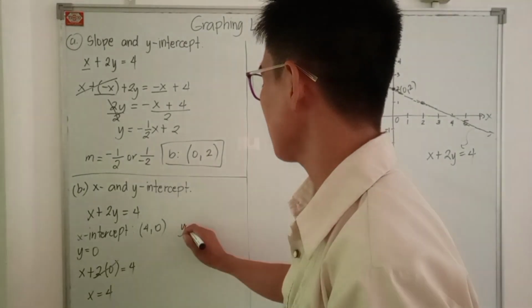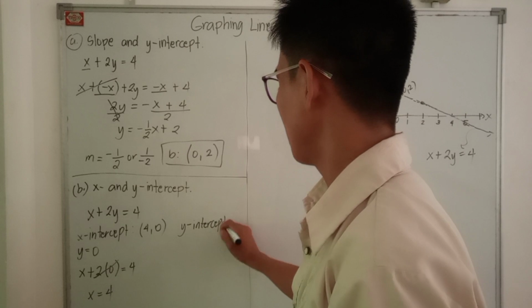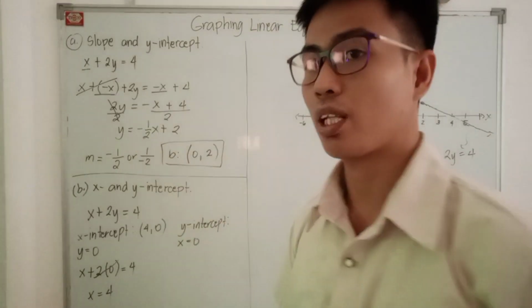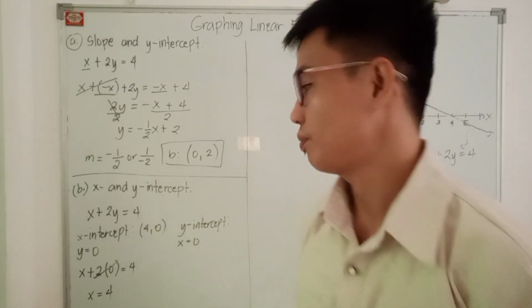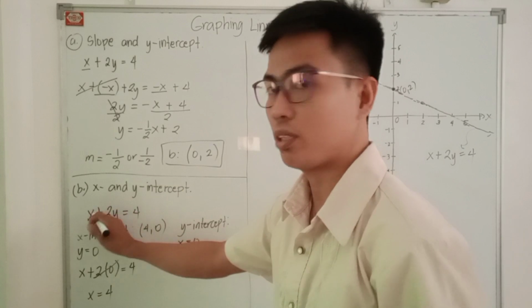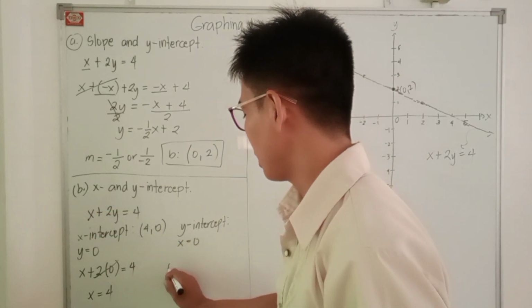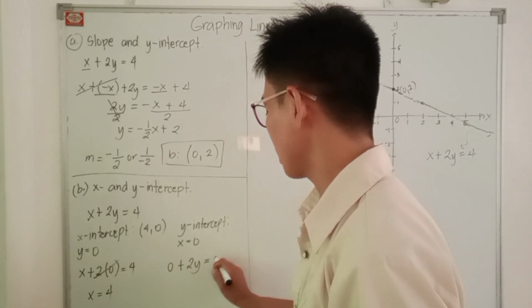Para naman sa y-intercept, x equals 0. So tandaan, kapag y-intercept, x naman yung equal to 0. Then substitution again to the original equation, we have 0 plus 2y equals 4.